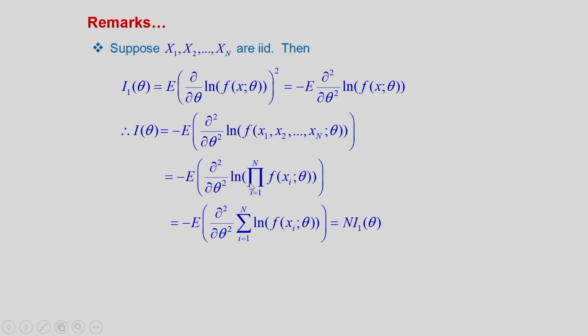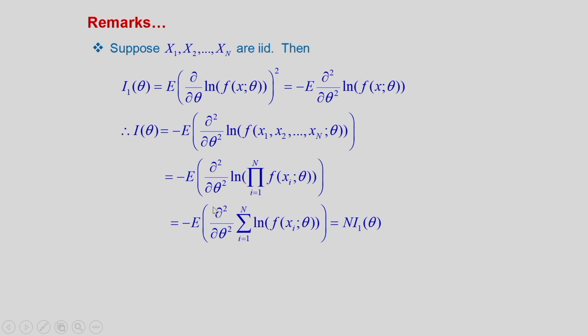And this product now, because it is the logarithm of a product, we can write it as the sum of logarithms. So that way del square del theta square of the summation i going from 1 to n of the log likelihood functions ln f(xi; theta).